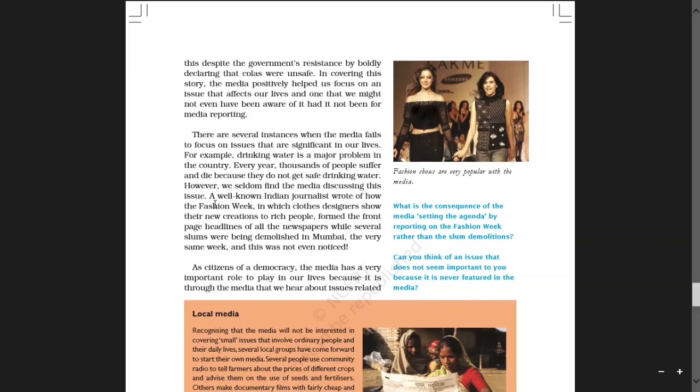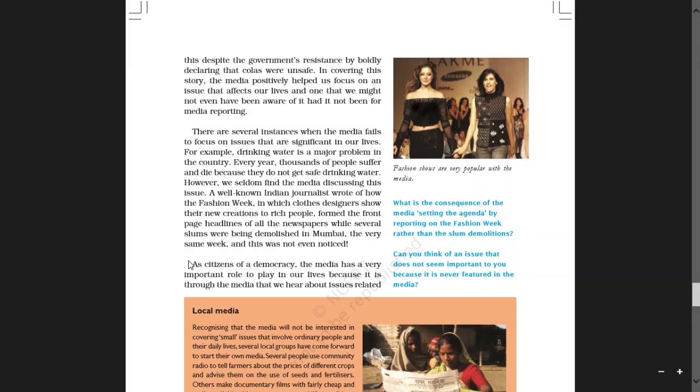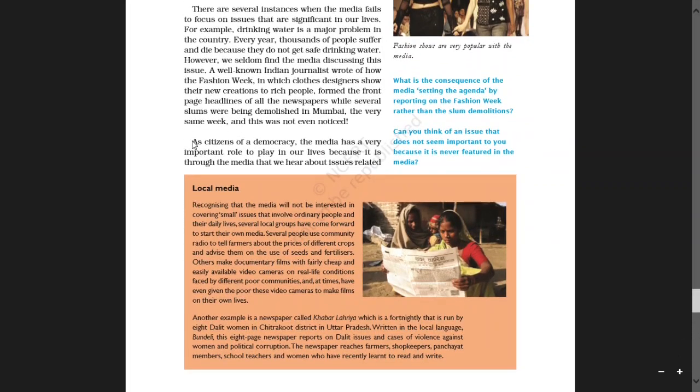However, we find in a rare case the media discussing this issue of shortage of pure drinking water. A well-known Indian journalist wrote of how the fashion week in which clothes designers show their new creations to rich people formed the front page headlines of all the newspapers, on the front side of the newspaper.